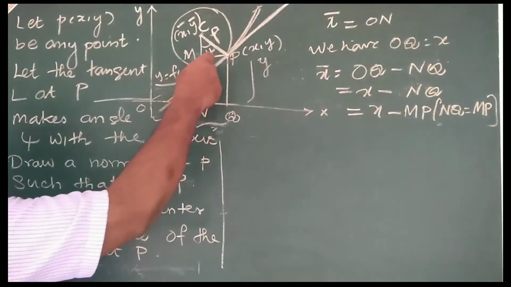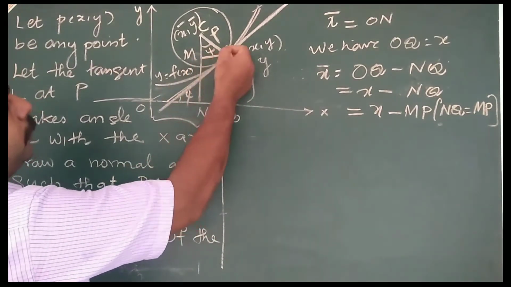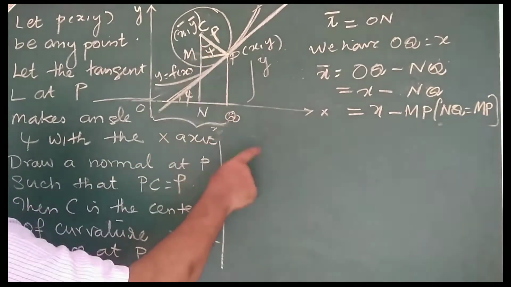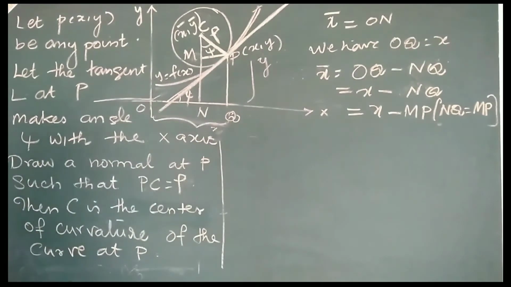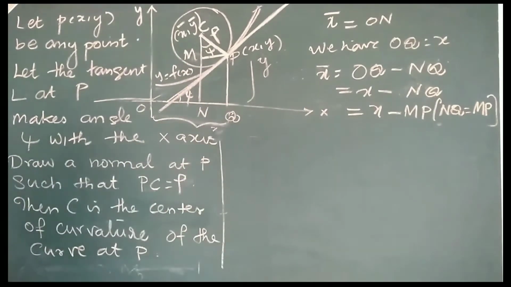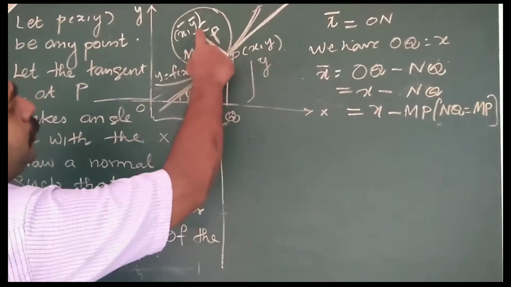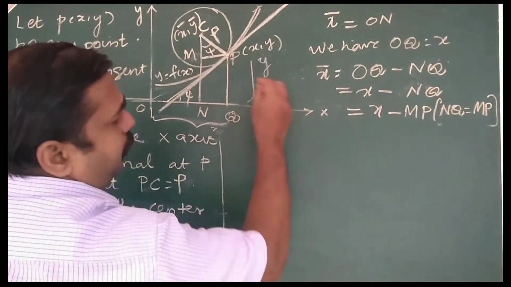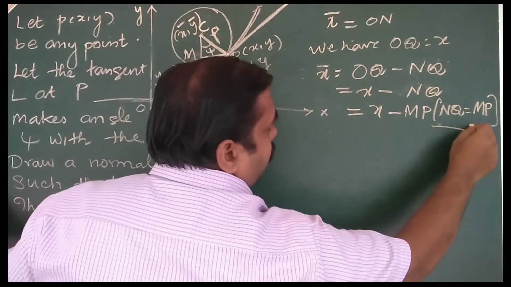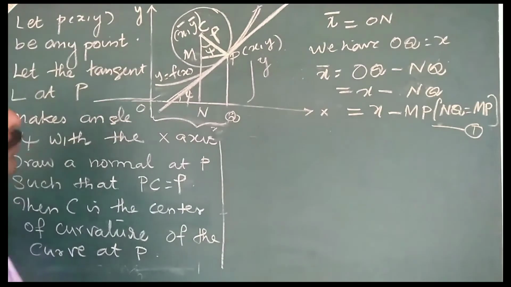So this is the right angle triangle. Therefore psi is the inside angle. So from this right angle triangle, what is MP? This is equation number 1.